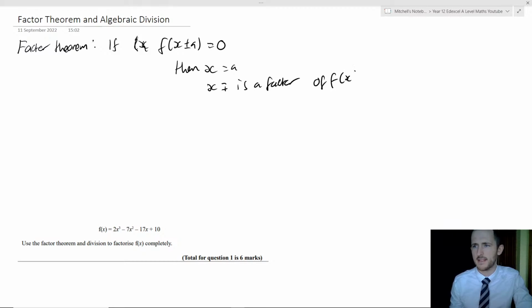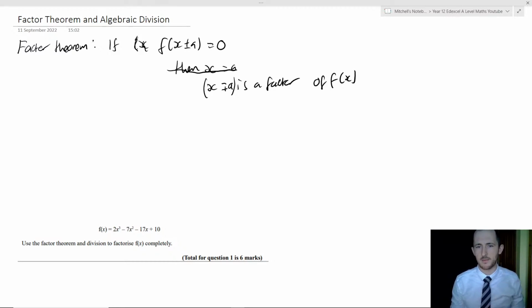So that's how they normally write it in textbooks. So if you want, you can ignore this line. So if f of x plus or minus a is 0, then x plus or minus a, minus plus, so don't forget you have to flip the sign, is a factor of f of x. So that doesn't really make too much sense, right?